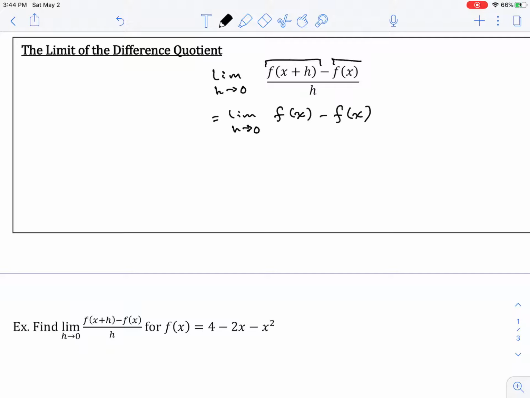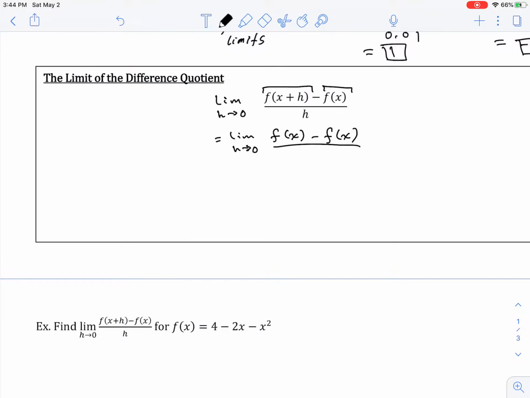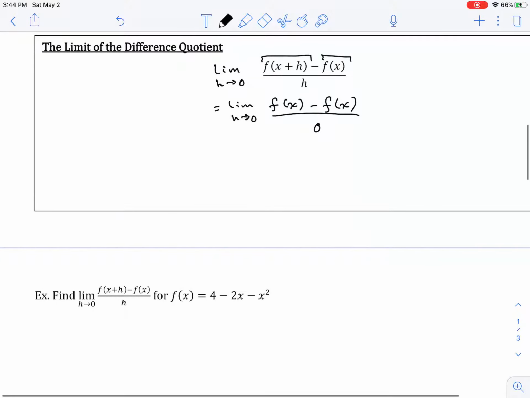And we're subtracting another f of x. And if we have h equal to 0 down in the denominator, well, think about what we have there. Oops. Well, we would end up with 0 over 0, or some indeterminate form. And this is not a mistake. This is what we're supposed to be getting.